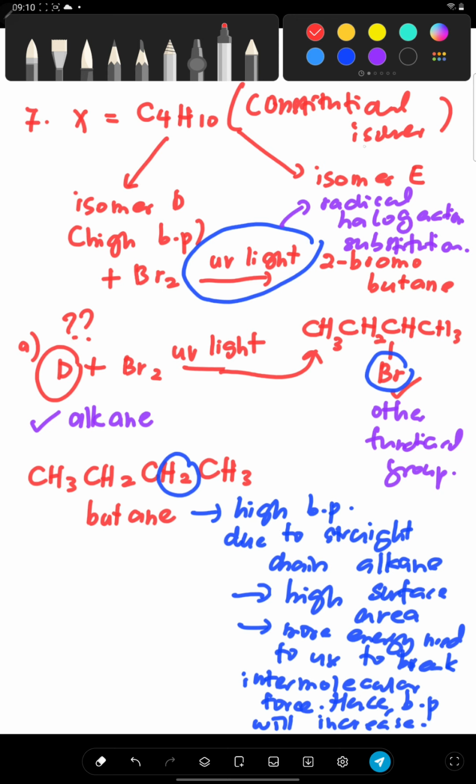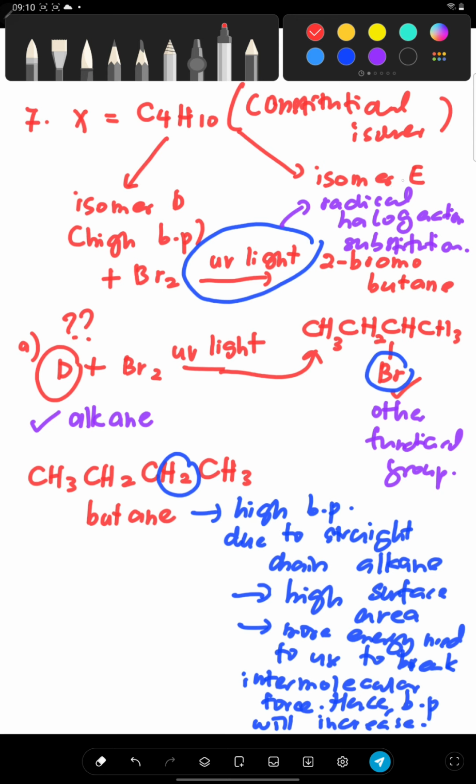And it states that isomer D mempunyai boiling point yang lebih tinggi berbanding dengan isomer E, because isomer D is a straight chain alkane. Maybe for isomer E, it is a branch alkane. Okay, how to draw the branch alkane for isomer E?